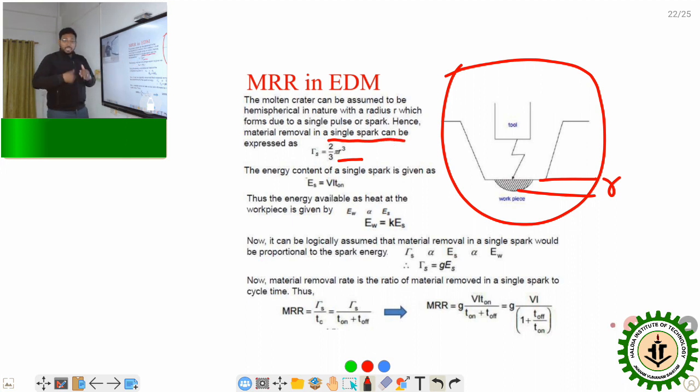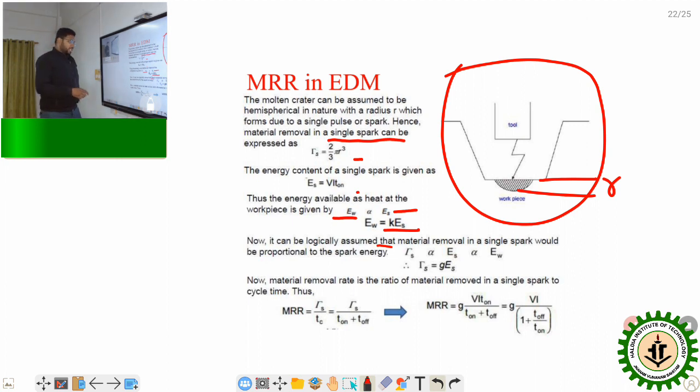Now the energy converted into the single spark is given by ES, that is V I T on, where T on is the time for which the pulse is on. So V I T on is the energy content of a single spark. Now, what will be the energy available? EW is directly proportional to ES with a constant K, so EW equals K into ES.